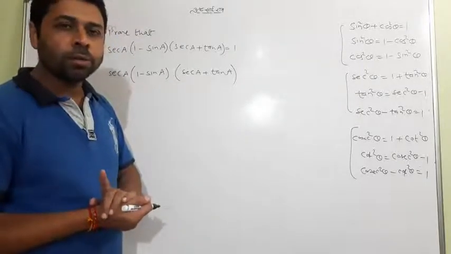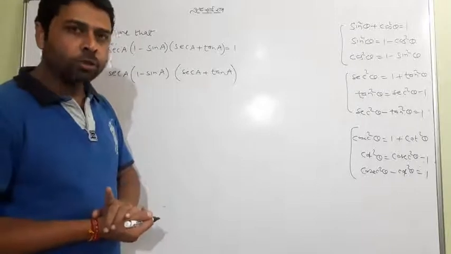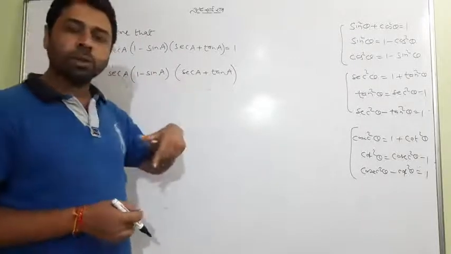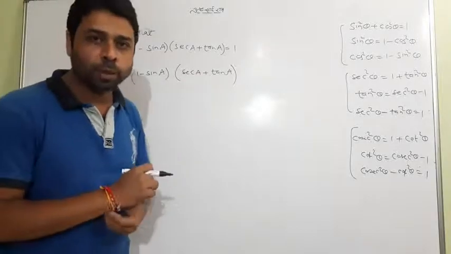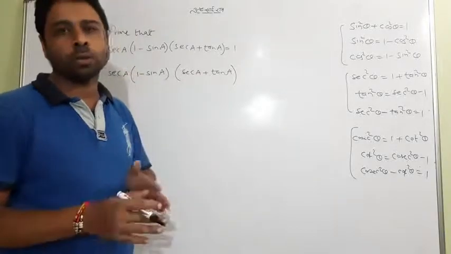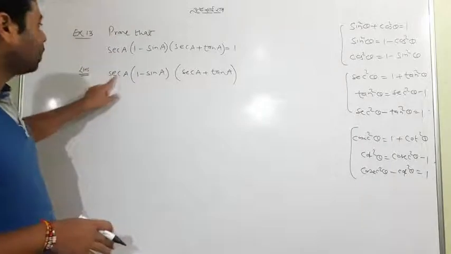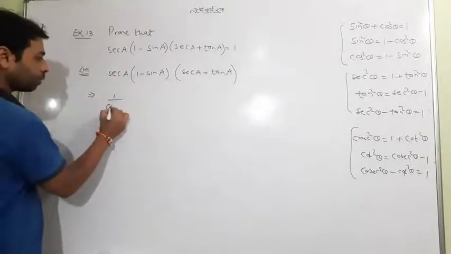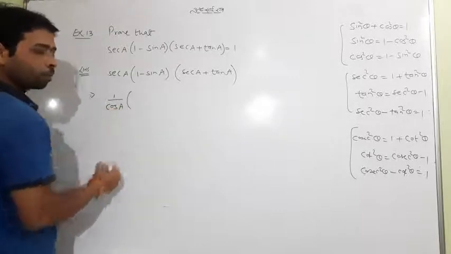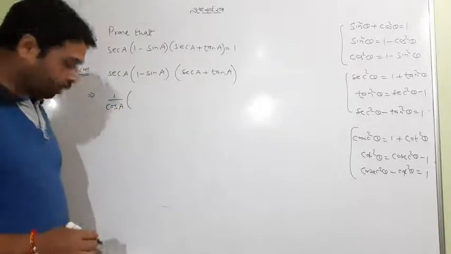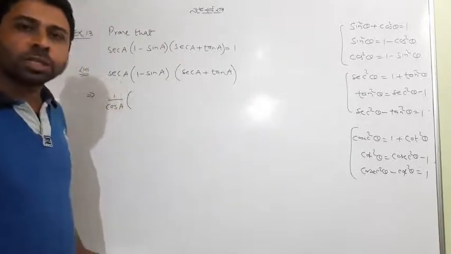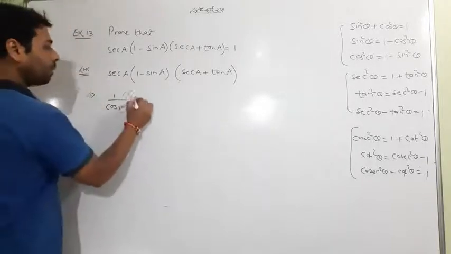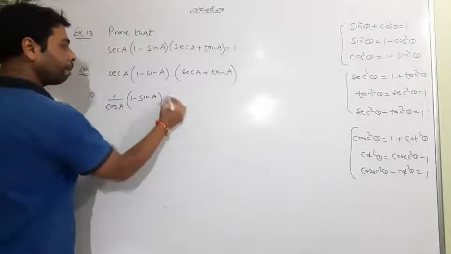First method: try to convert all the ratios into sine and cos as far as possible, because these are very easy forms. Sec A can be written as 1 by cos A, and 1 minus sine A as it is.